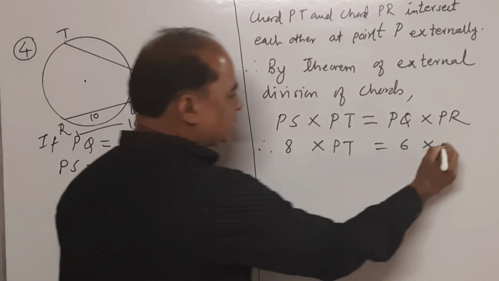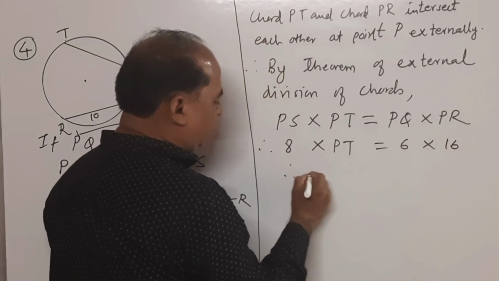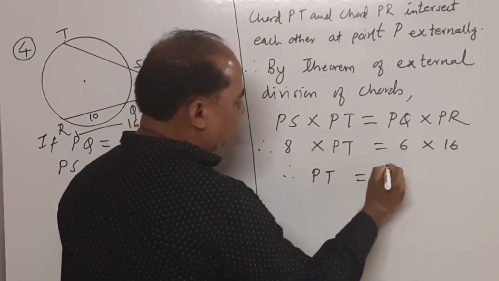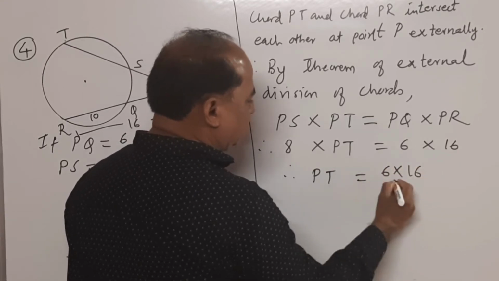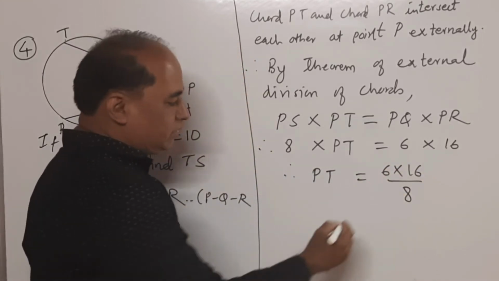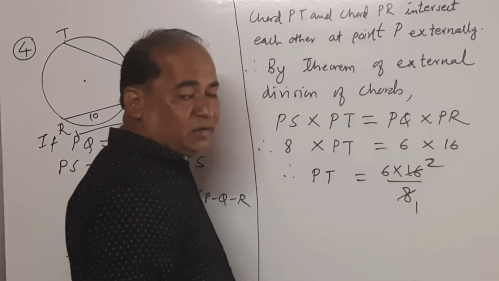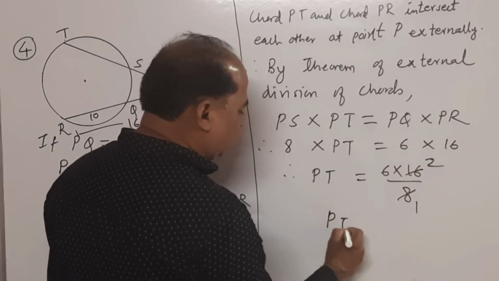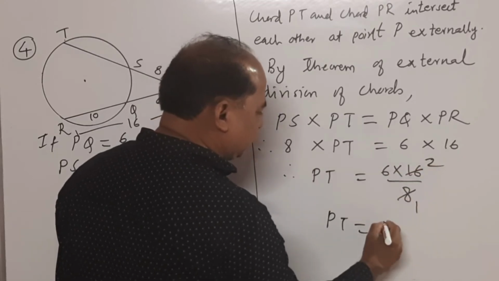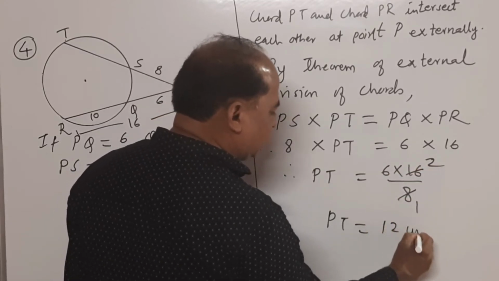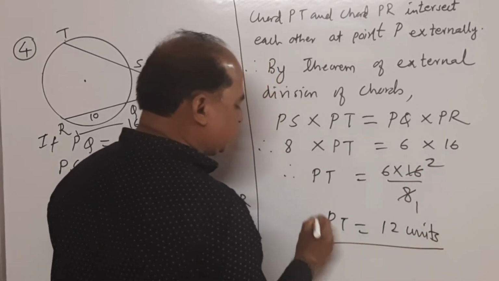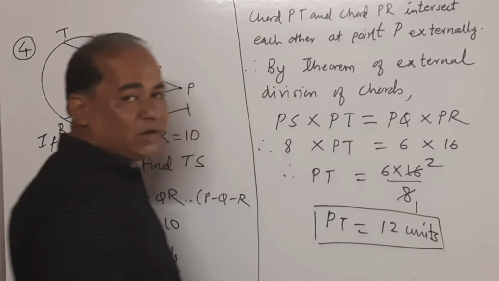So PR is equal to 16. Therefore PT is equal to 6 into 16 divided by 8. 8 ones are 8, 8 twos are 16. Therefore PT is equal to 6 into 2, that is 12 units.